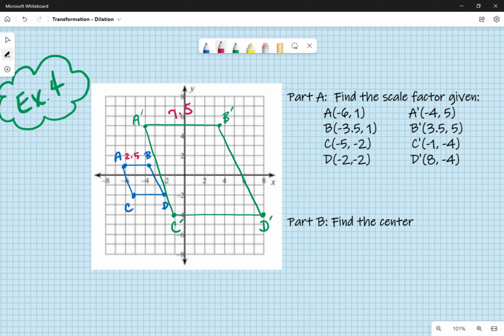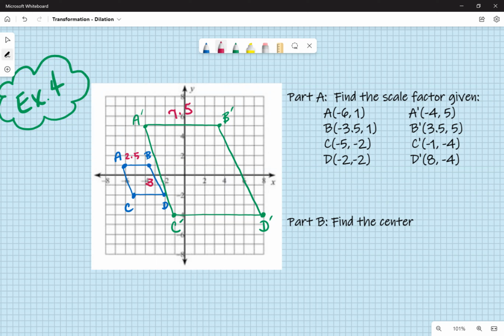Let's just do vertically also for those people who might want to see how that works. Vertically is up and down. It does not matter if your picture looks like it's diagonal like this one. You want to count up and down. So going up and down, looking at BD, 1, 2, 3. So I went down 3.